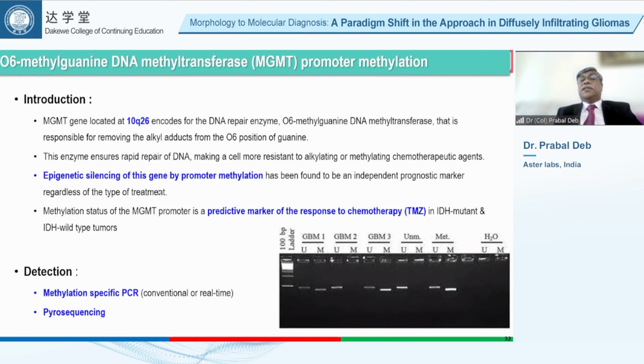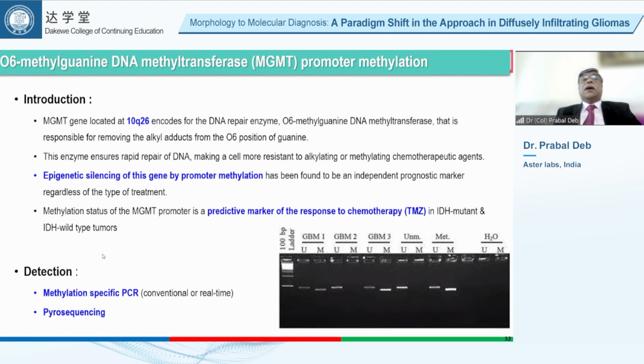Epigenetic silencing of this gene by promoter methylation has been found to be an independent prognostic marker because that has been the base for starting chemotherapy in terms of temozolomide in all these cases.